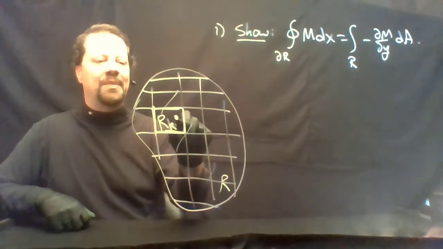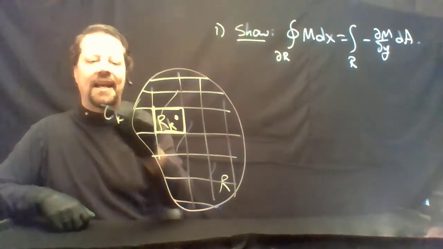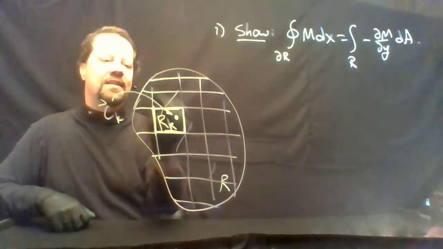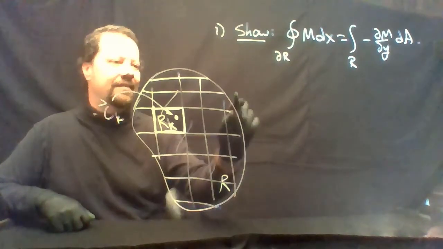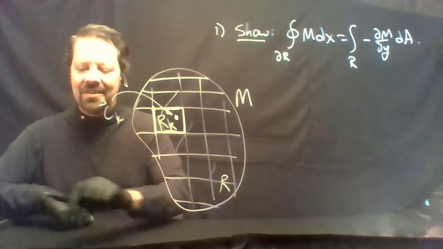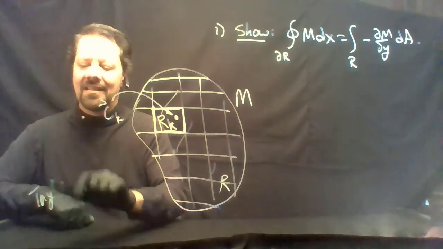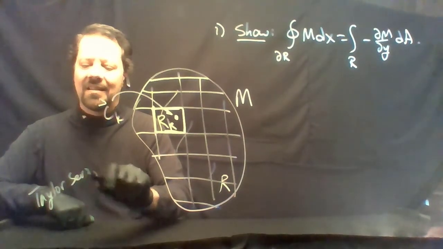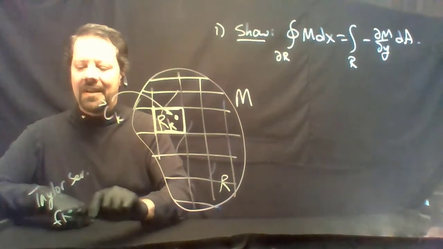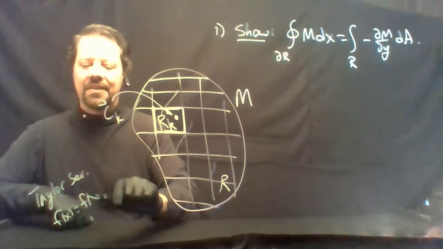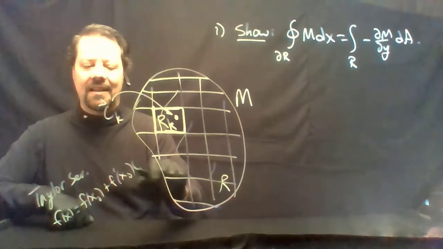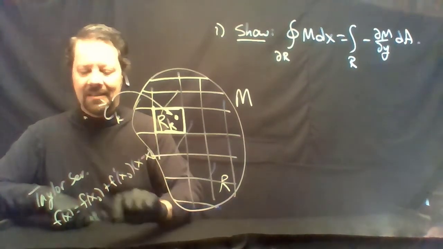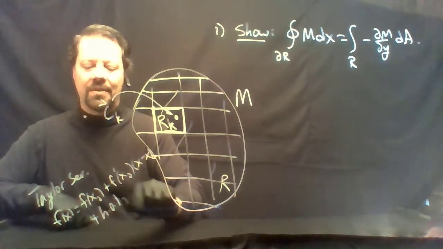We'll choose sampling points, C sub k, within each of these little regions, and we'll look at the Taylor expansion. Do you remember Taylor series? A function f is f at x naught plus f prime at x naught times x minus x naught plus higher order terms.